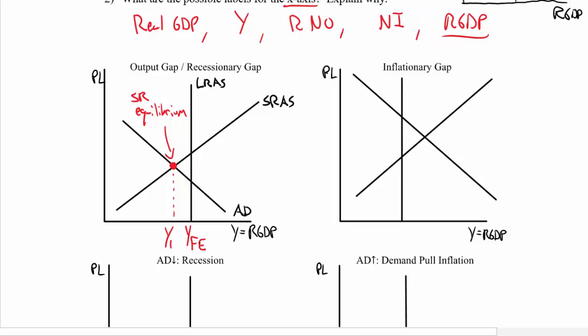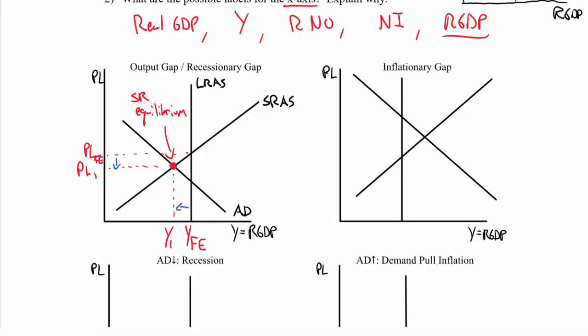So we are operating at an output that is below our full employment output, which you can see here. And we are at a price level that is below the full employment price level, which I have as PLFE. So we're currently below that price level. So we have some deflation here, and we are below our full employment output.